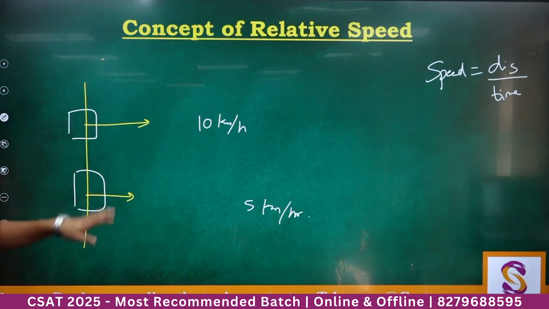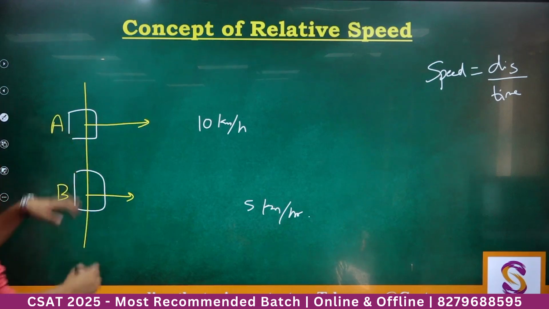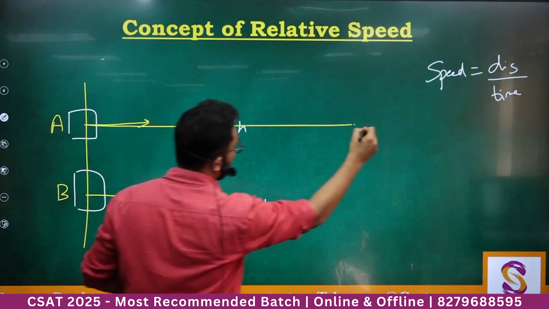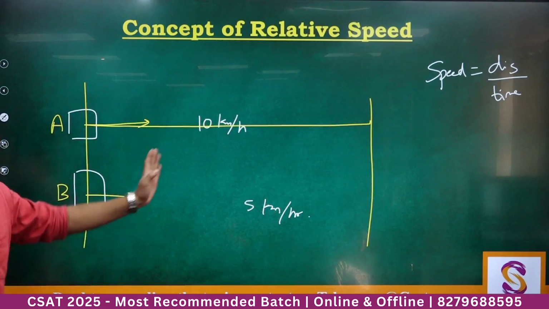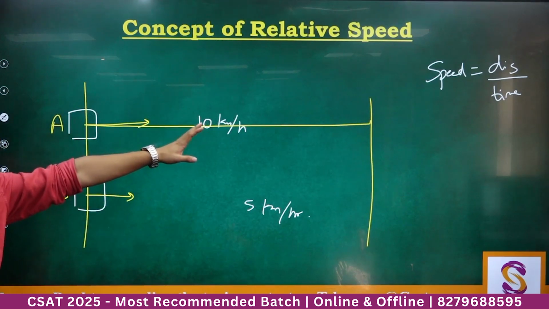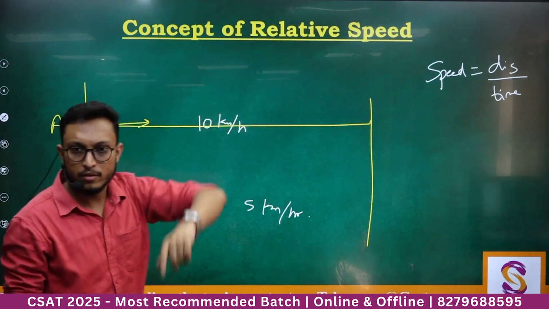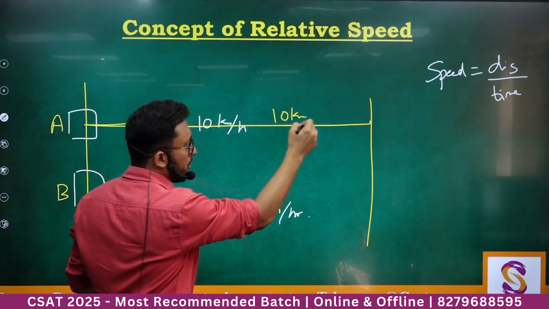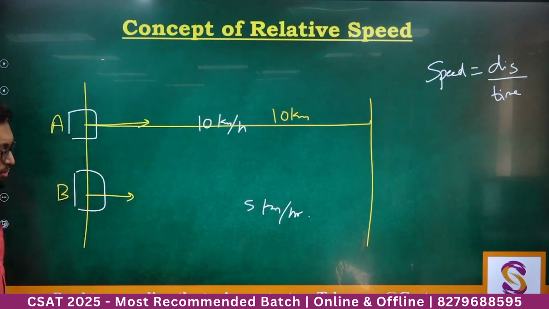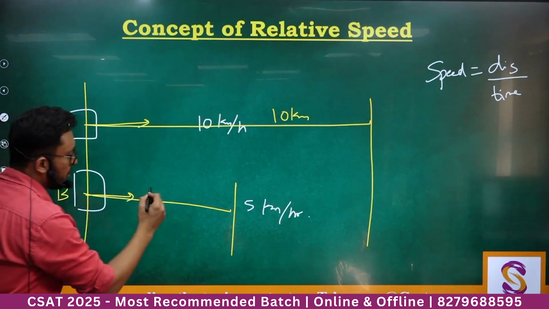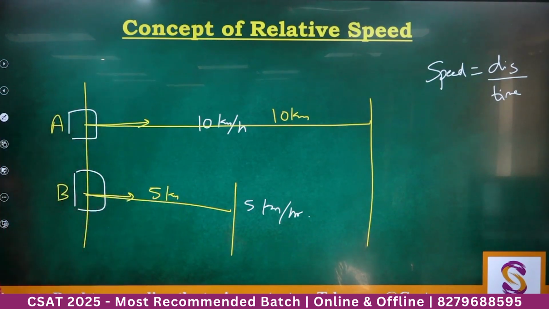After 1 hour, this particular car A will be how much kilometers away? 1 घंटे बाद. From this point it will move 10 kilometers in 1 hour, so it will be 10 kilometers away from this point. Car B, it will be how much kilometers away? 5. It will be 5 kilometers away. So from this point it will move 5 kilometers.